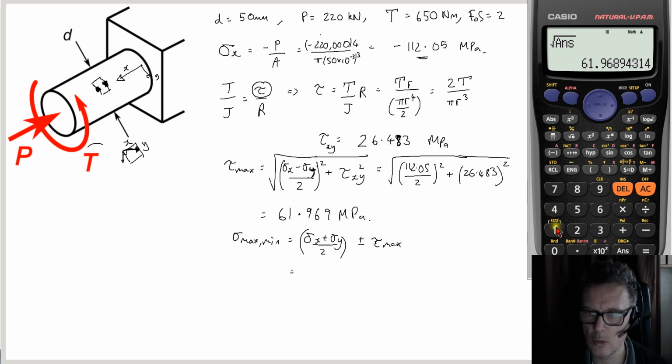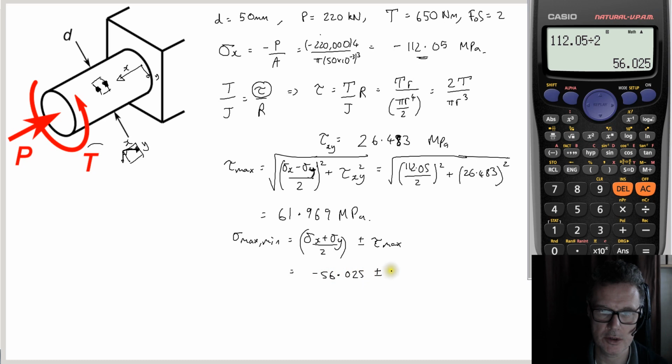So take the 112.05, divide that by 2, and that gives us minus 56 plus or minus 61.969. So our maximum will be 61.969, take away 56, 0.025.